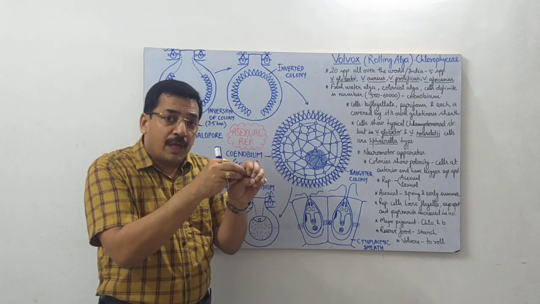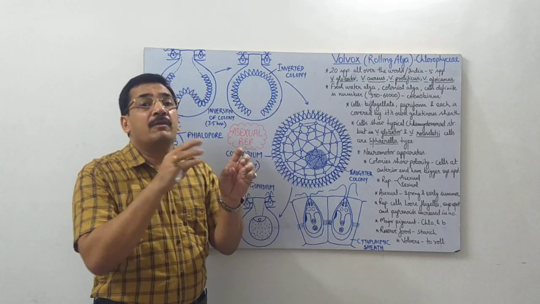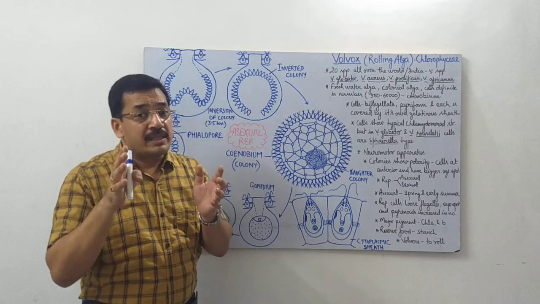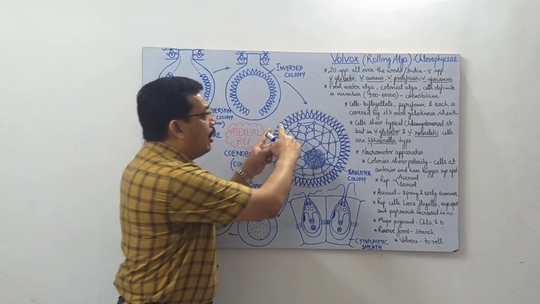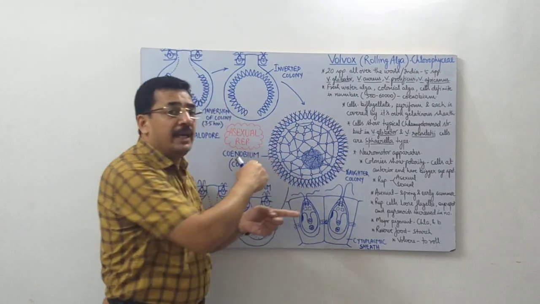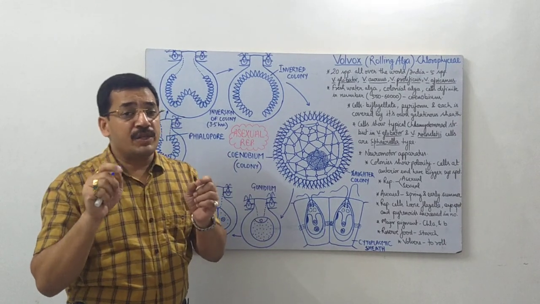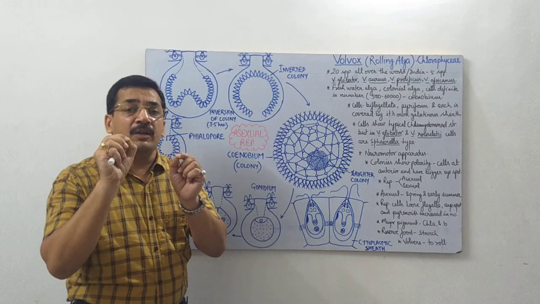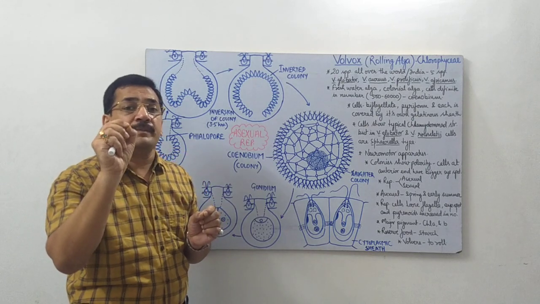The cavity of the ball is filled either by water or by some gelatinous substances. The whole colony is surrounded by a gelatinous sheath. So these colonies are very small in size and look like a pinhead.